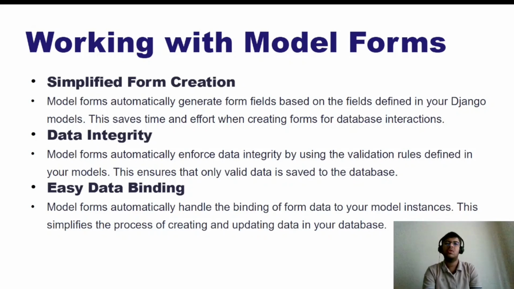The model forms automatically enforce data integrity using various validation rules which we learned before, which are also defined in your models. It ensures that only valid data is saved in the database. Next is easy data binding. Model forms handle binding of form data automatically from your model instances. It simplifies the process of creating and updating your data in your databases.